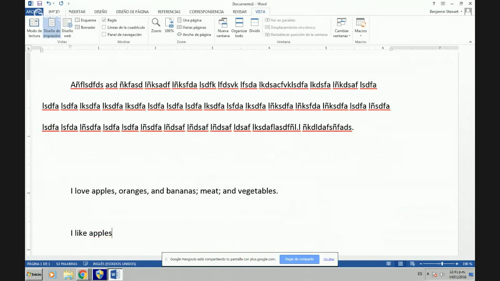Kind of like that, right? Yeah, and that would be separating two independent clauses. It's not really a series, but I look at it like replacing the FANBOYS coordinating conjunction. Instead of saying I like apples and I like bananas, I can remove the connector and put the semicolon and divide it up.